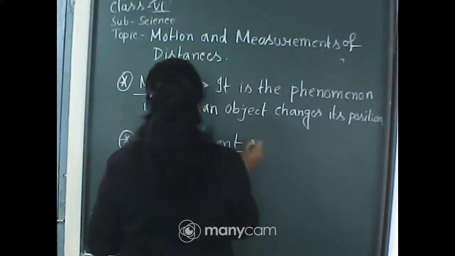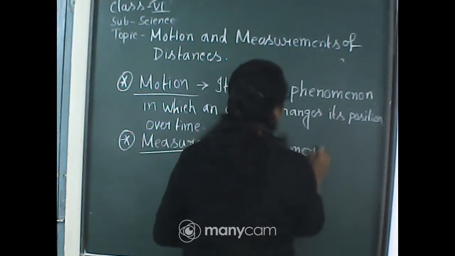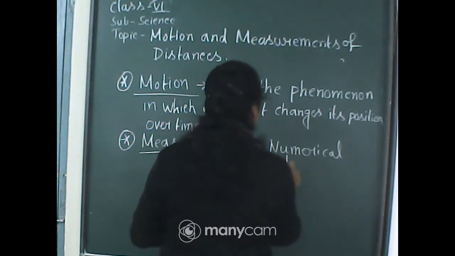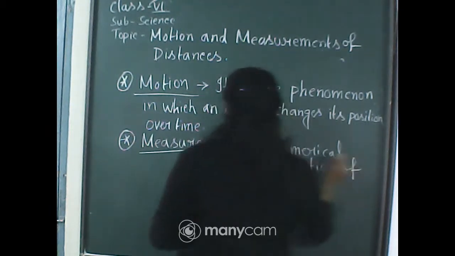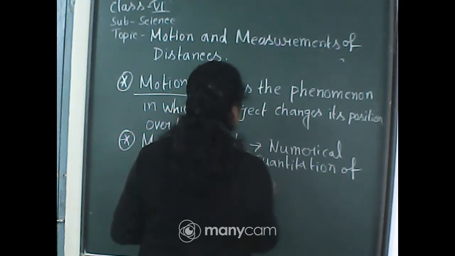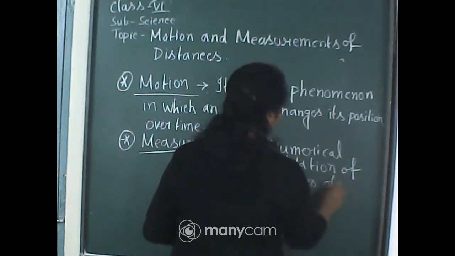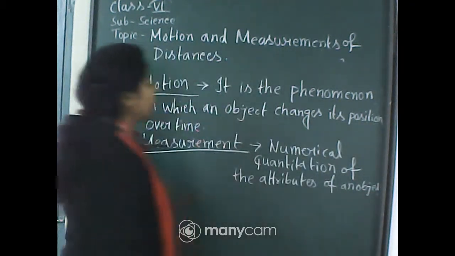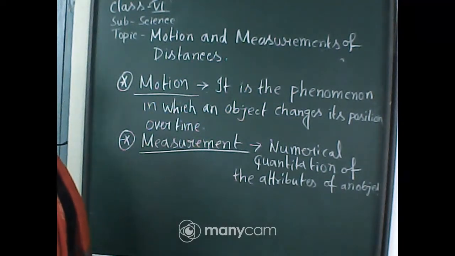You can write, this is the numerical quantitation of the attributes of an object. Understood? So we have seen what is measurement.